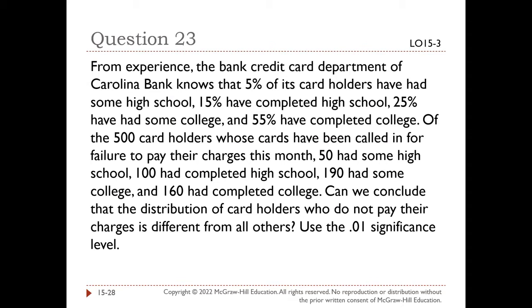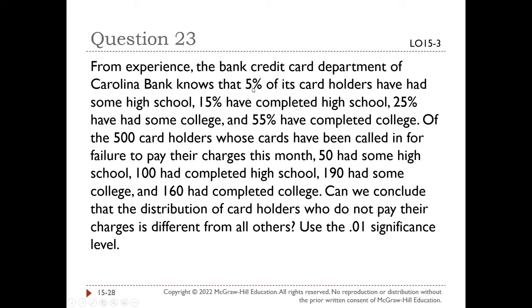Of the 500 cardholders whose cards have been called in for failure to pay their charges this month, 50 had some high school, 100 had completed high school, 190 had some college, and 160 had completed college. Can we conclude that the distribution of the cardholders who do not pay charges is different from all others?